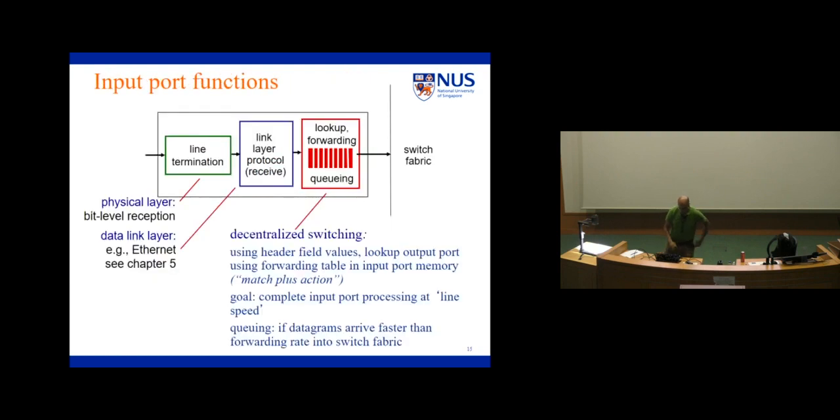All right. So let's look at the input port functions in a little bit more detail. Let's see what are the things that the input port provides. So if I zoom in into the input port, there are these three things. We first start with the line termination. What does line termination do? So imagine this is an Ethernet cable. So my line terminator is here.